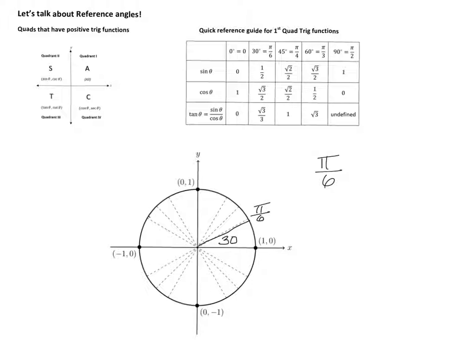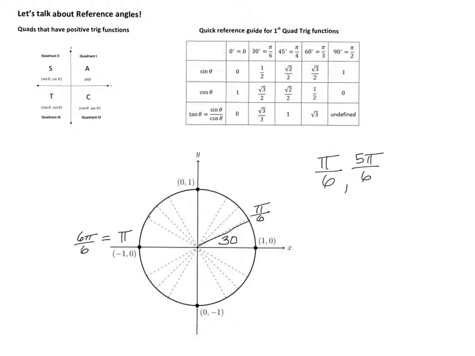That's quadrant 1. So if we move over to quadrant 2, if we have the angle 5 pi over 6, how do we come up with that? Well, for quadrant 2, if we move half the circle over to pi, remember pi can be written as 6 pi over 6.